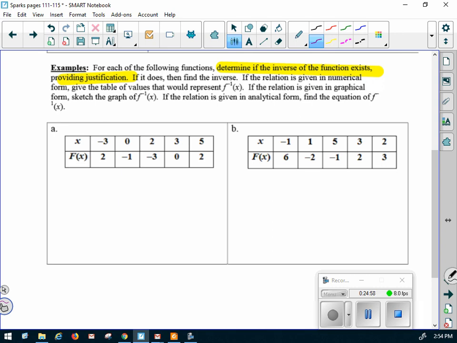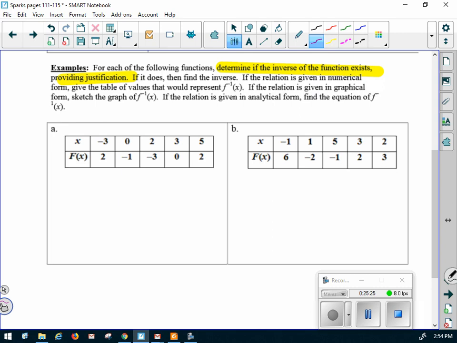Does that function have an inverse? Meaning, is that function 1 to 1? So does every x have one y and every y have one x? Where's the problem then if you say no? Yeah, the y value of 2 appears more than once.